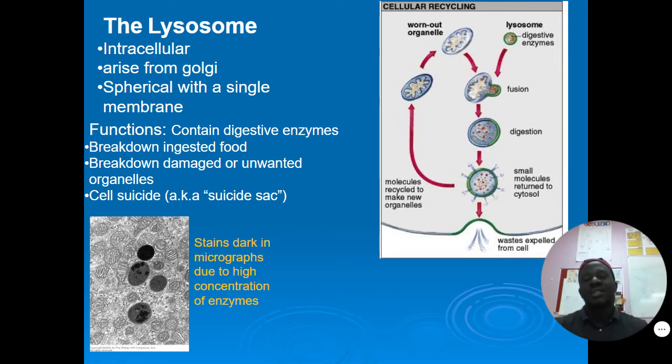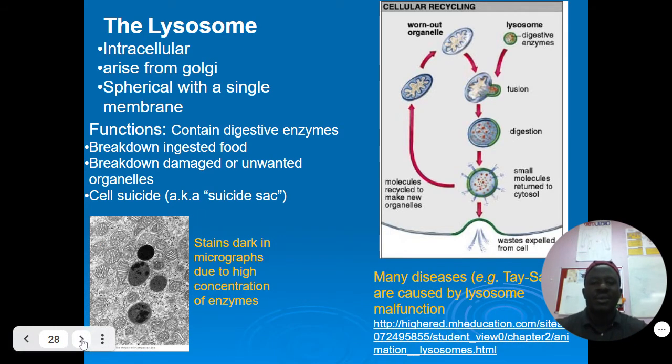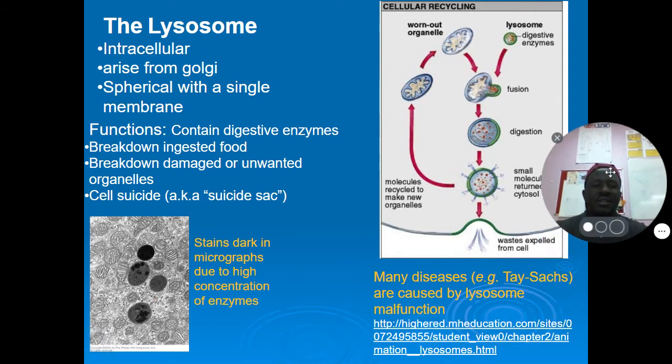So one of the questions: which one of the following are suicidal sacs? Suicidal sacs are what we call the lysosomes. Many diseases are caused by lysosome malfunctions.